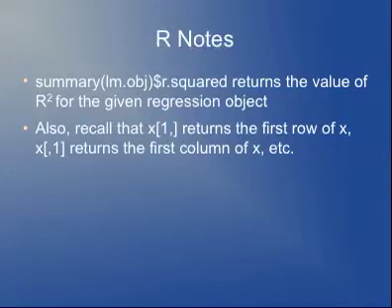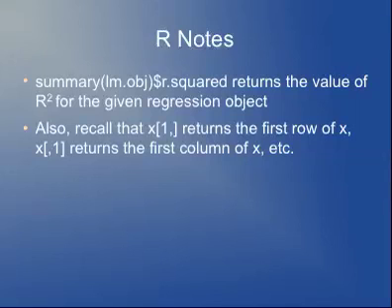In general, if you say summary lm.object $r dot squared, that will give you the value of r squared for that regression object. You generally only need to do that if you're trying to do something fancy like we're doing here. And most of the time you can just use the summary command and just copy down whatever it is.